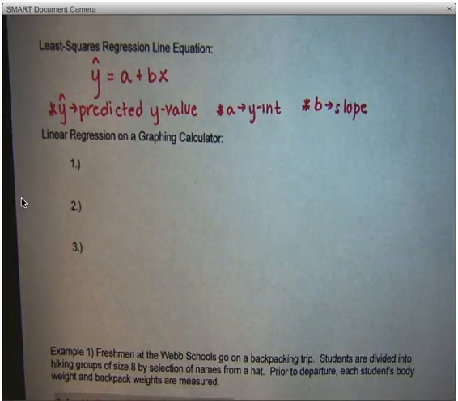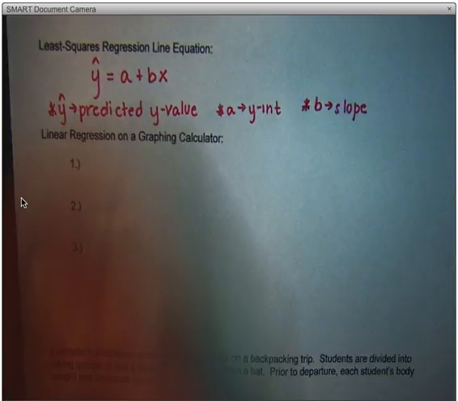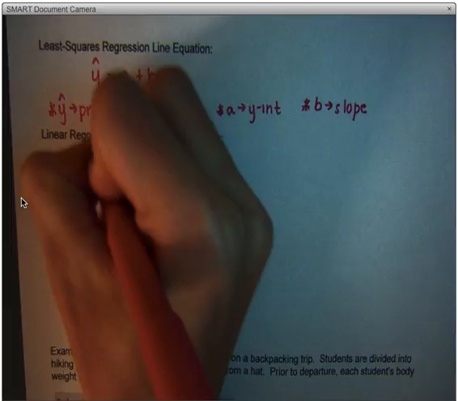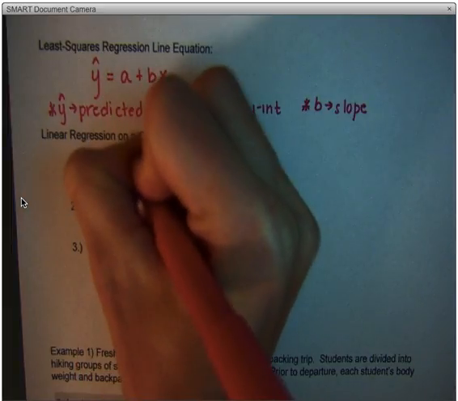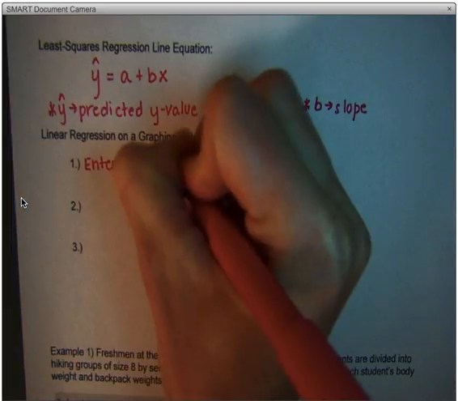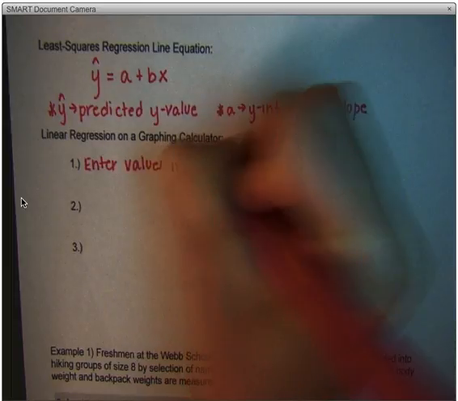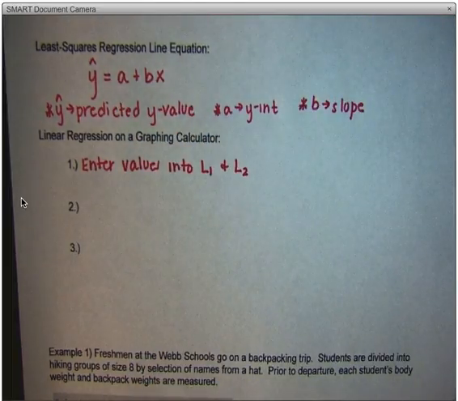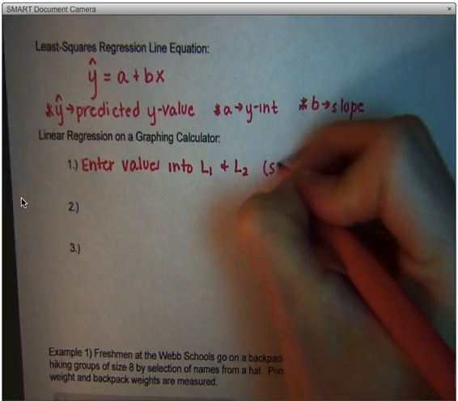Okay, so there are a couple steps on your calculator. So you're going to have to be able to go to list like we have been doing, except this time we're going to have two different lists. So step 1, remember you're going to enter values into L1 and L2 because we have a list 1 and a list 2. Remember, this is found under stat.